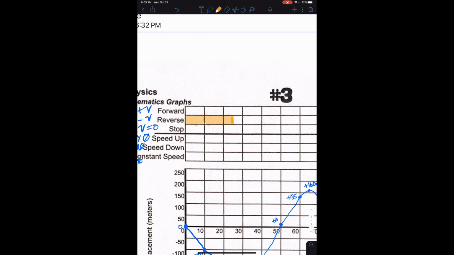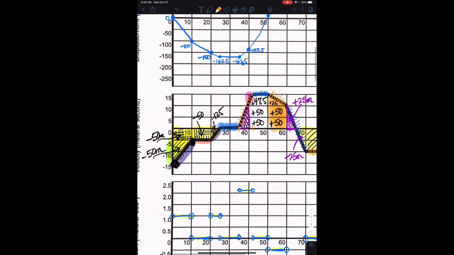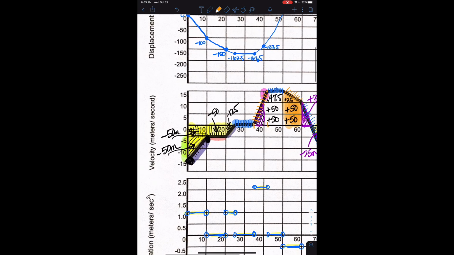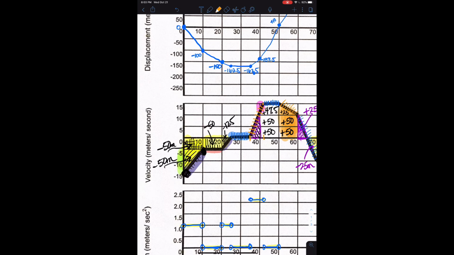Also, what's special about 25 is that we are stopped there, right? We're stopped from 25 all the way to 35 because the velocity is 0. So from here to here.